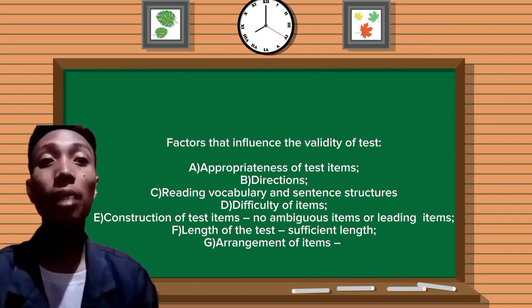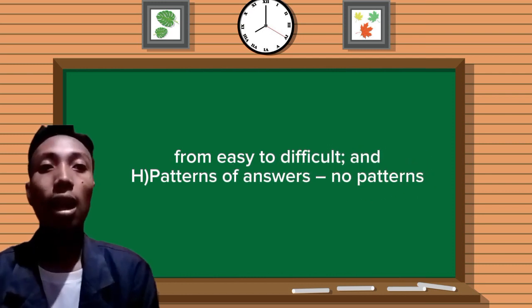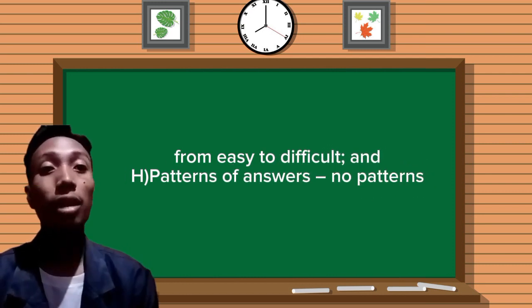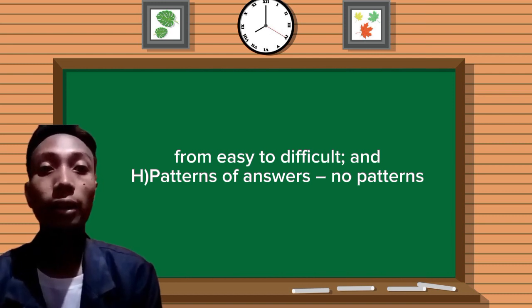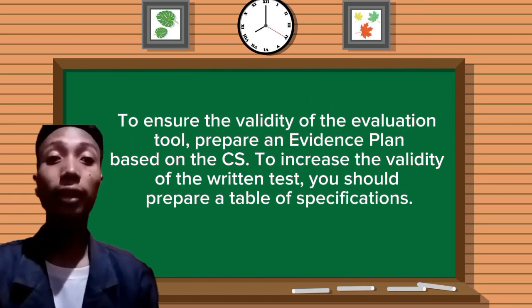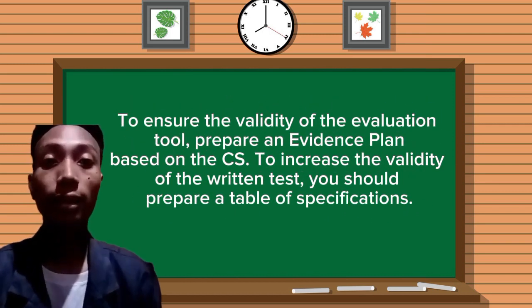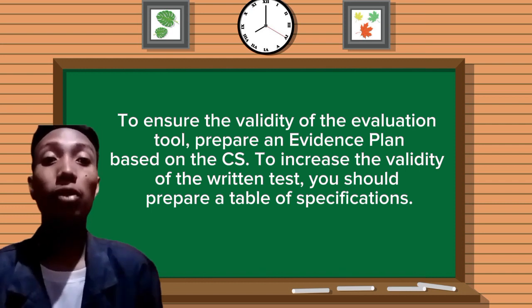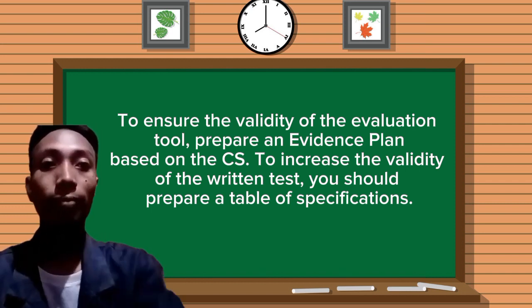Arrangement of items from easy to difficult, length of the test, sufficient length. Pattern of answer, no patterns. To increase the validity of the written test, we should prepare a table of specification.